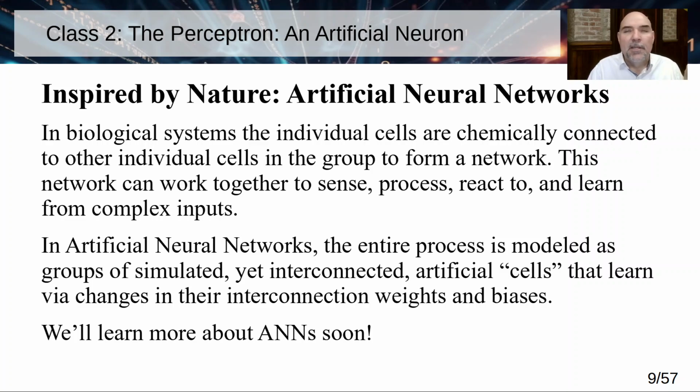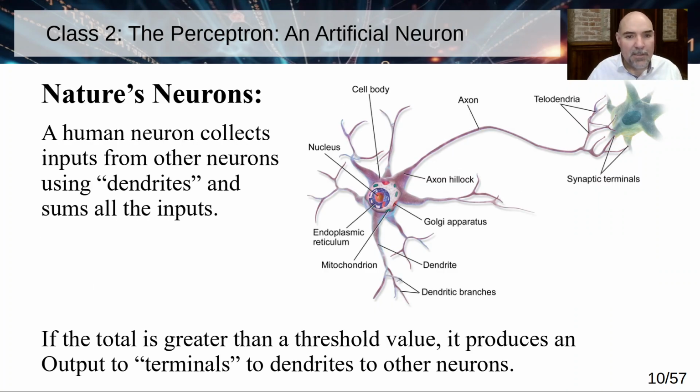The nature side of the equation, the biological side of this, is nature's neurons. And what those are is like a human neuron. It essentially is this specialized cell that has, if you look over here on the left side of it, these little fibrous things that reach out from the body of the cell, and those are called dendrites.